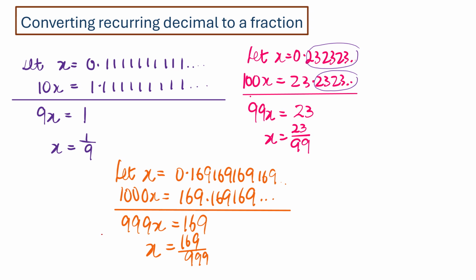If it's the number 0.2323, you multiply by 100. 0.169169, multiply by 1000. So if it's 0.1234, 1234, 1234, then you will just have to multiply it by 1, 2, 3, 4 zeros, okay, to find your 10,000x. And that's all for this video.